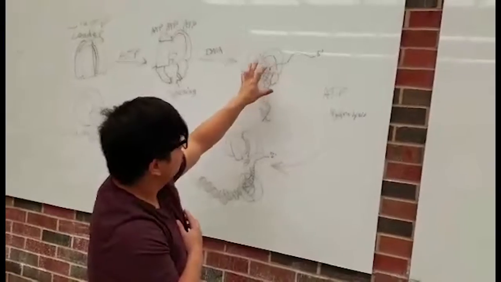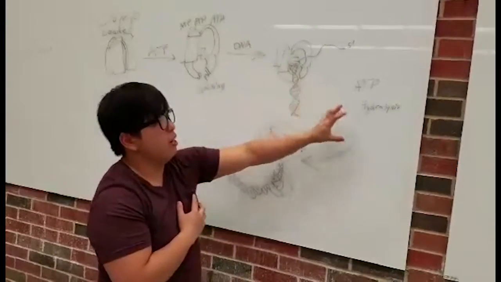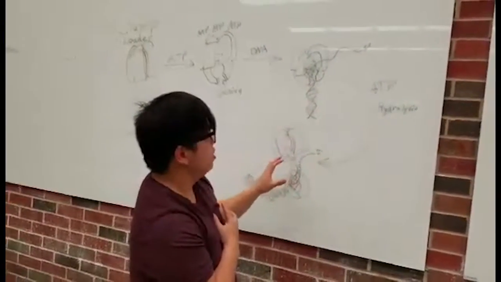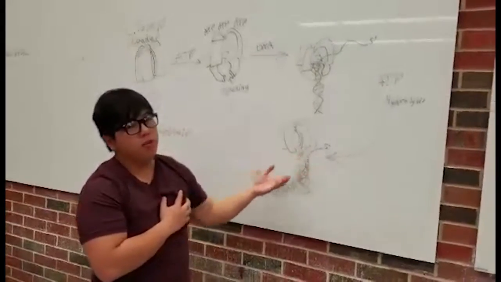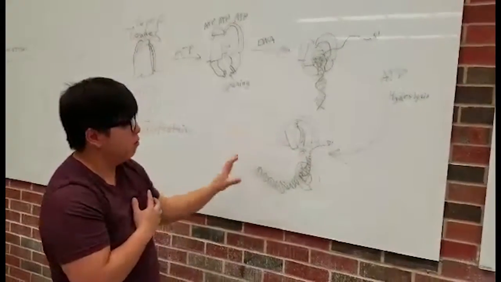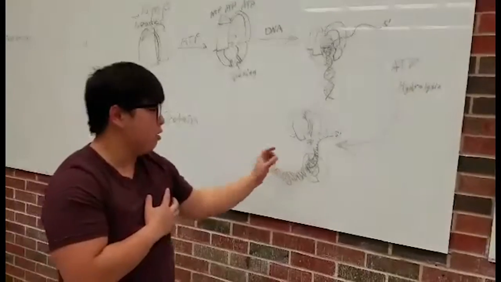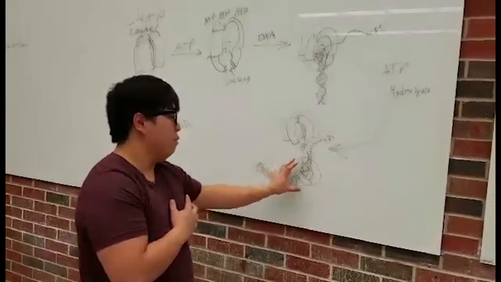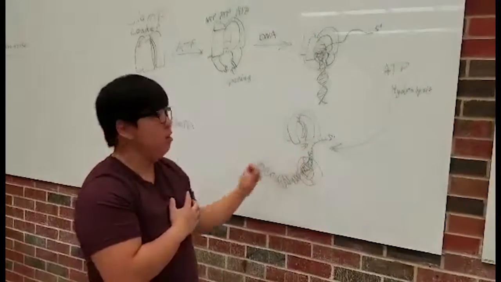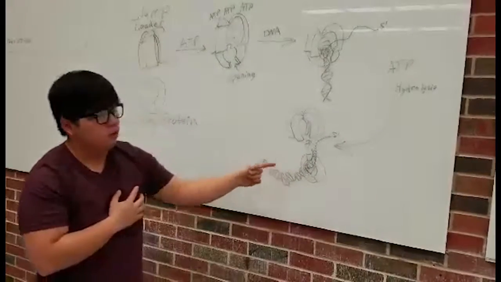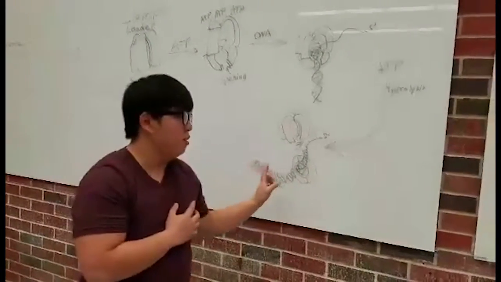And the clamp loader undergoes ATP hydrolysis, after which it dissociates from the complex, leaving just the clamp protein on the DNA strand, as well as the DNA polymerase, allowing it to freely slide back and forth.